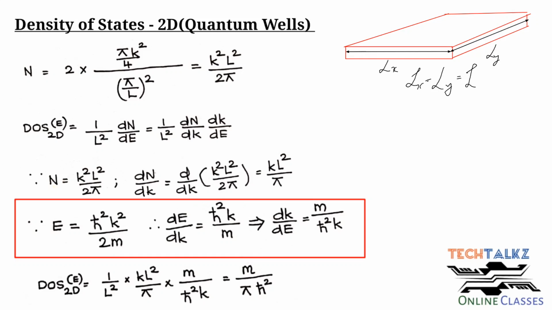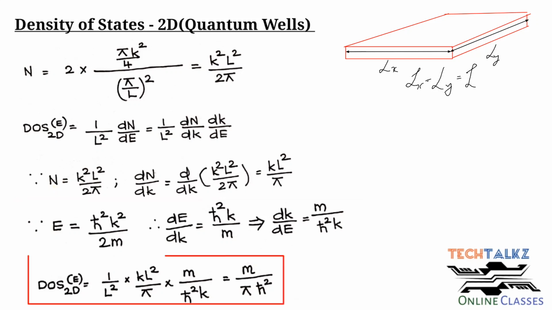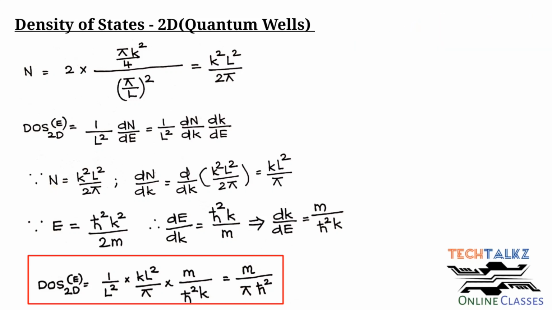Therefore, dE over dk is equal to h bar squared k divided by m, or dk by dE is equal to m over h bar squared k. On substituting, we get 1 over L squared multiplied with kL squared divided by pi into m over h bar squared k, that is m divided by pi h bar squared.